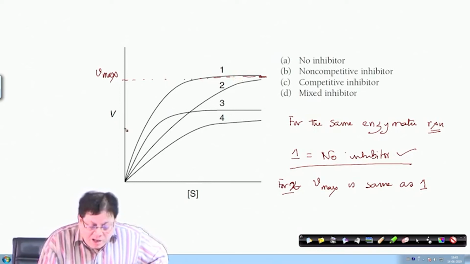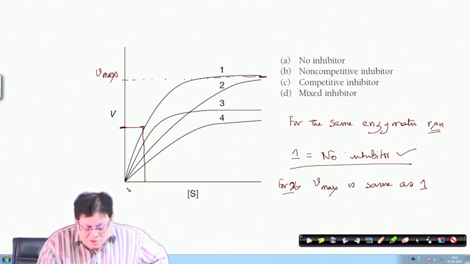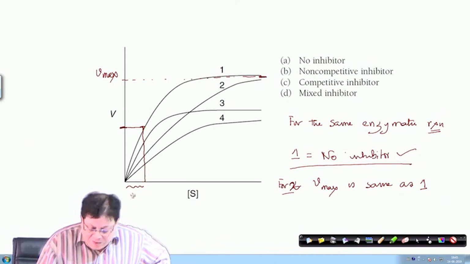So, what will be the Km value? The Km value will be somewhere at half of V max, and you draw a line. So, this is the point, and you see what is on the x axis. So, this gives your Km.